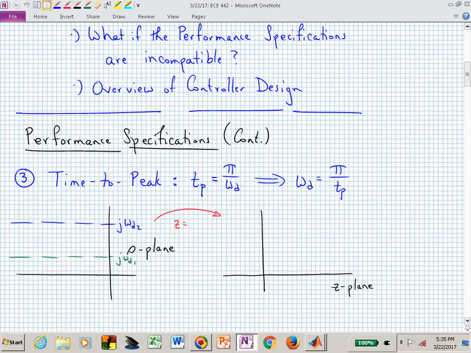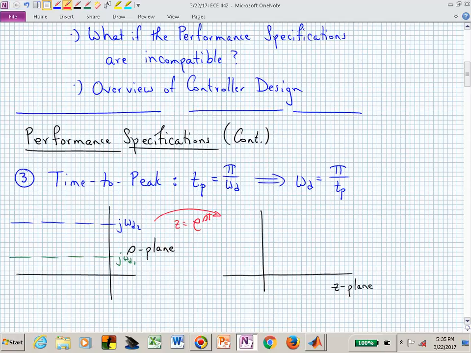And relative to that, how do those map, or what's the mapping that we use to go from the s-plane to the z-plane? What is our relationship between s and z? And that's what I want to indicate in red with this mapped arrow. z equals e to the sT, where T is our sample period and s is our complex frequency variable.